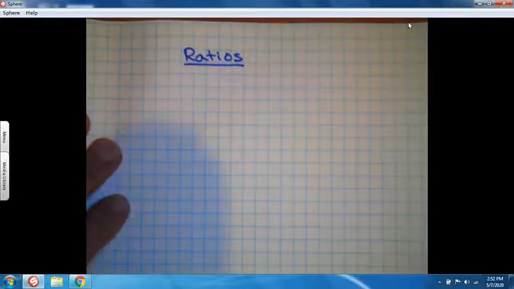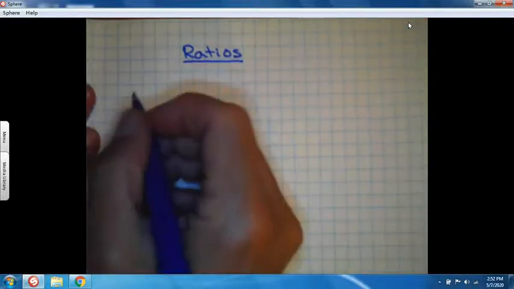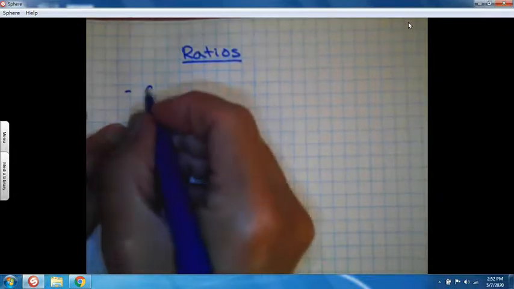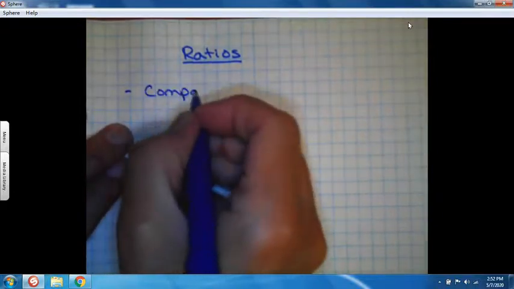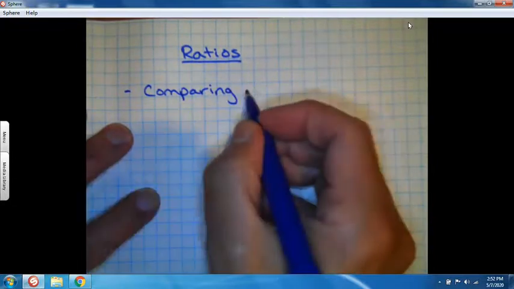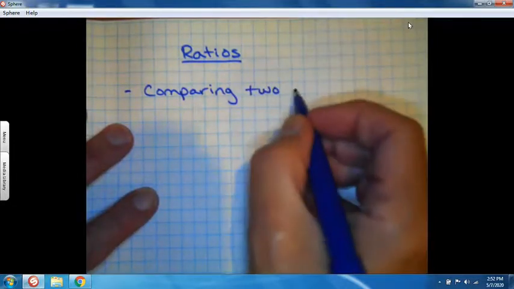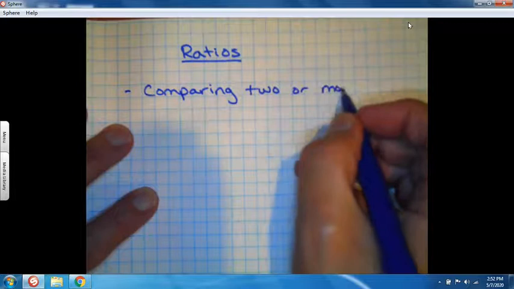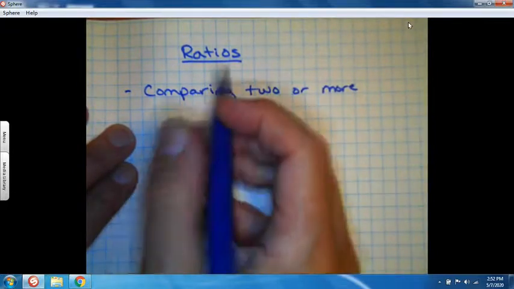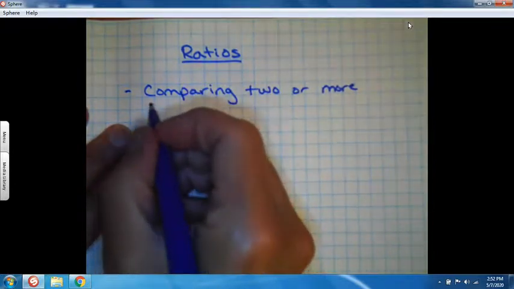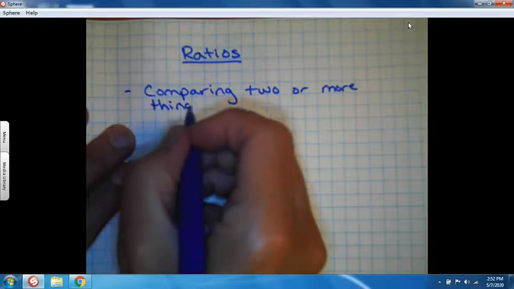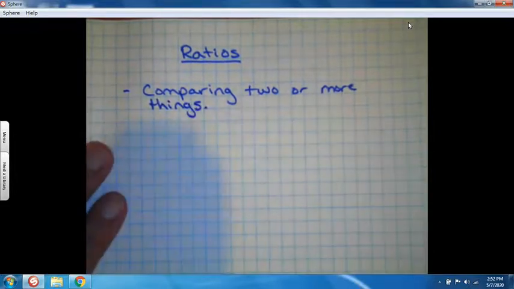Okay, so a ratio is comparing two or more things. Okay, comparing two or more things.